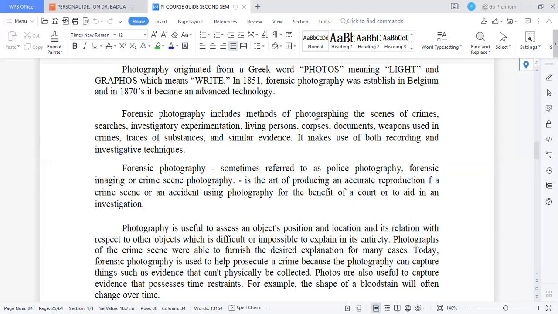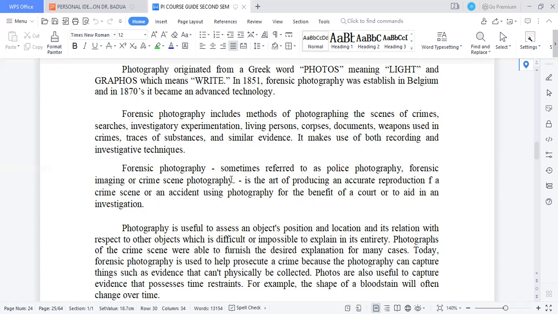And it is also very essential for you to search for evidences, not only evidences, but a dead body that could be present in there, and other weapons that could have a connection to the crime that has been committed.